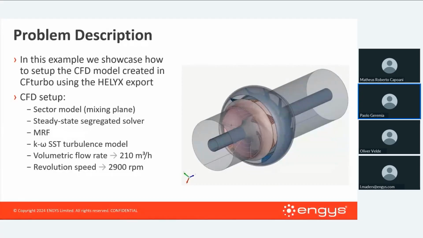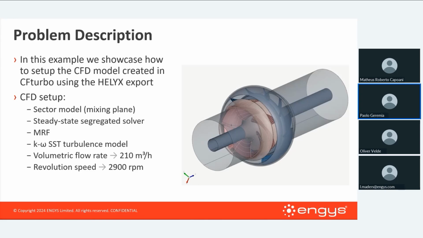Let's have a look now how to set up the CFD model created in CFturbo using the Helix export functionality. For this purpose, we would like to set up a sector model using mixing planes, run a steady state segregated solver via MRF approximation for the rotating impeller.